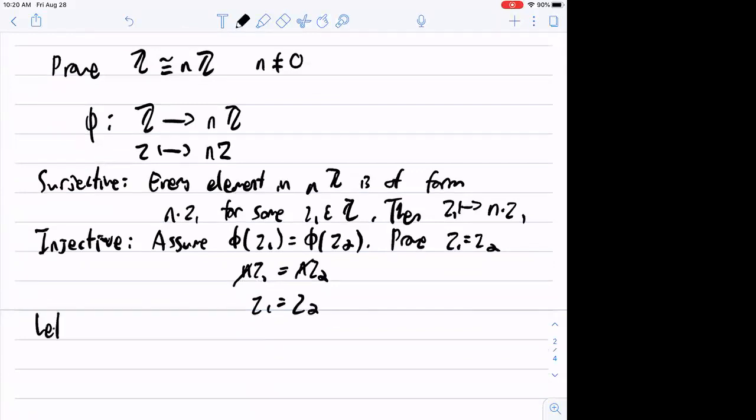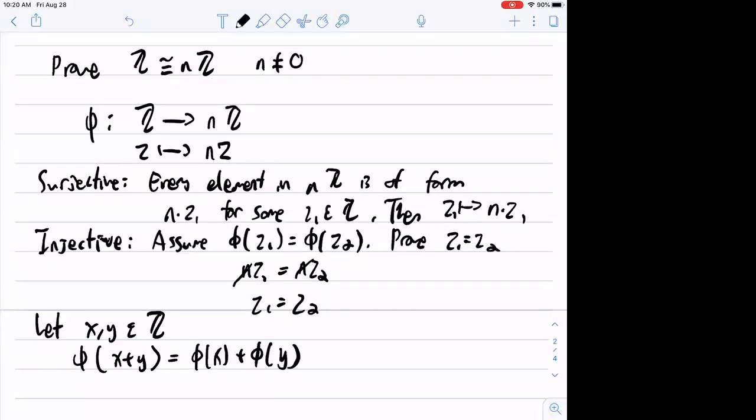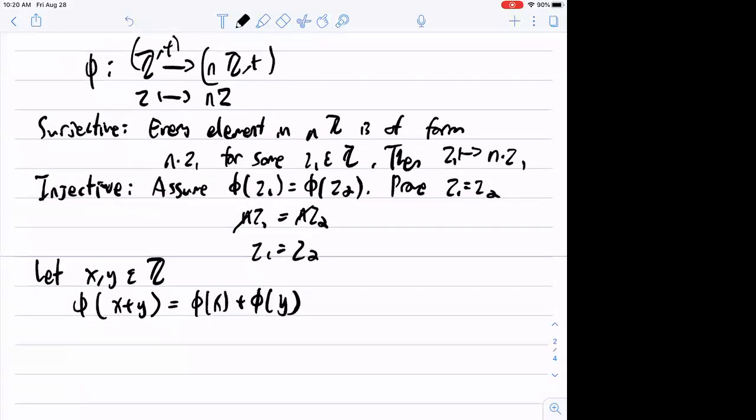And now we need to check the final property. It obeys the group law. So let x, y be in the integers. I need to show phi of x plus y is phi of x plus phi of y, because both groups are under plus. So let's check it.